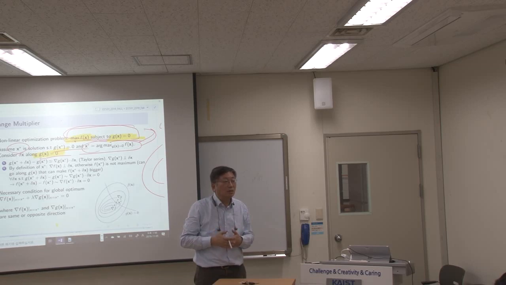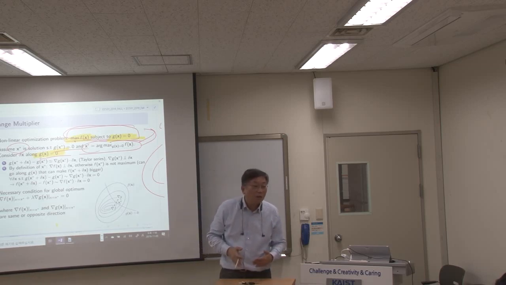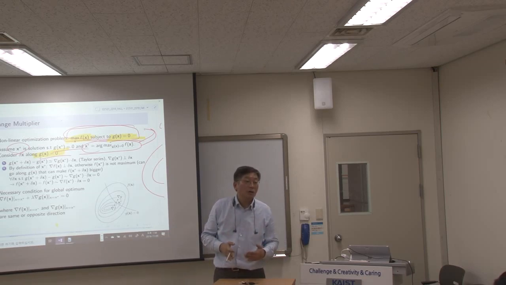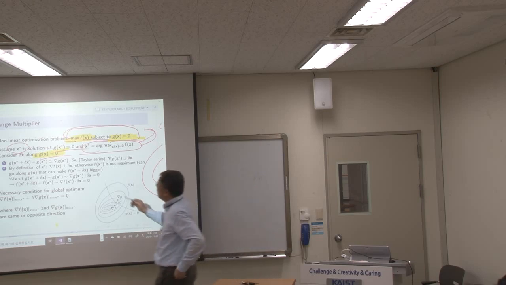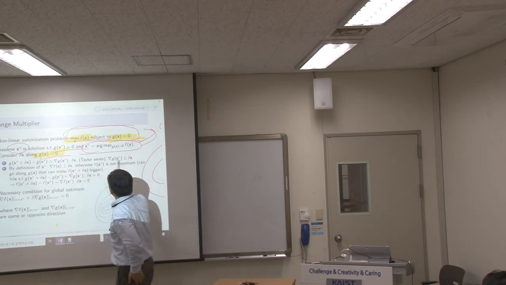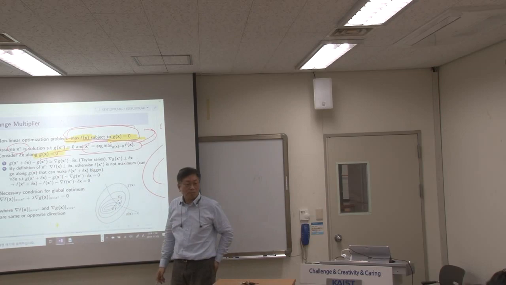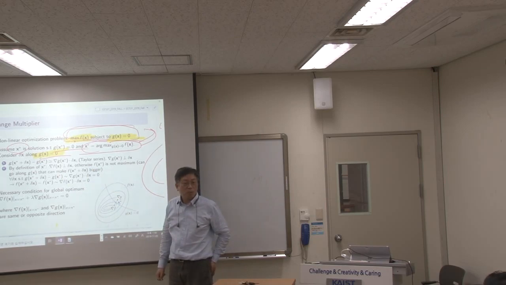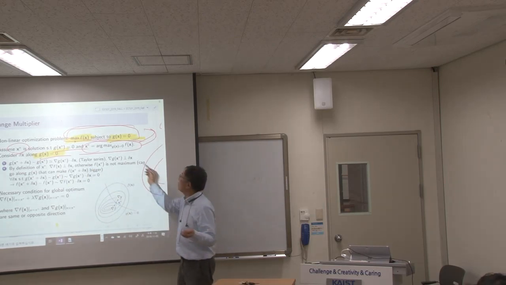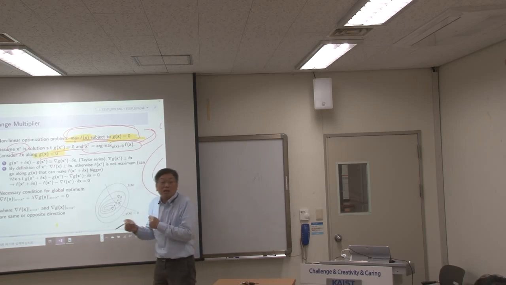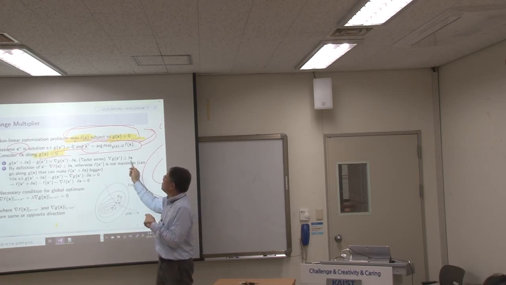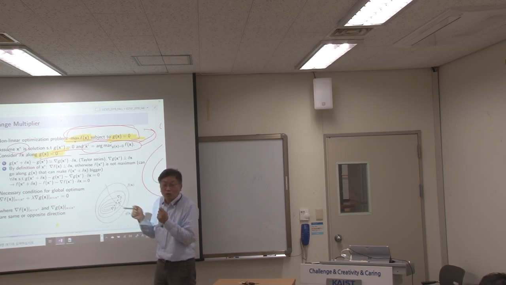What does that mean? The gradient is orthogonal to the contour. Do you understand what I'm saying? This is obvious because going along the contour, g is not increasing.